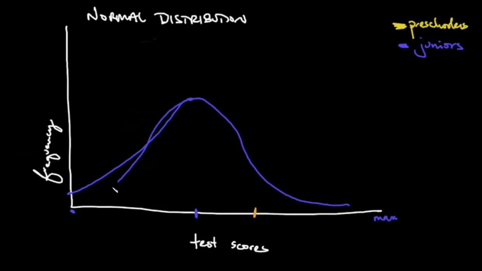Well, this should curl a little more like that. So there's a little bit of a bell curve there, and we would predict a similar bell curve, and maybe there's a higher frequency of this average score here, right?